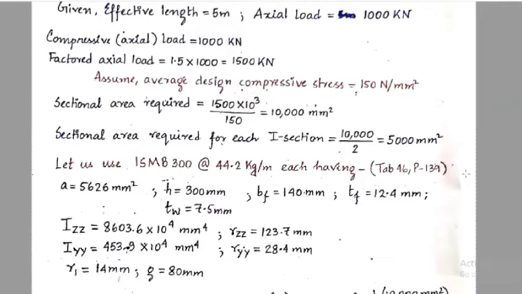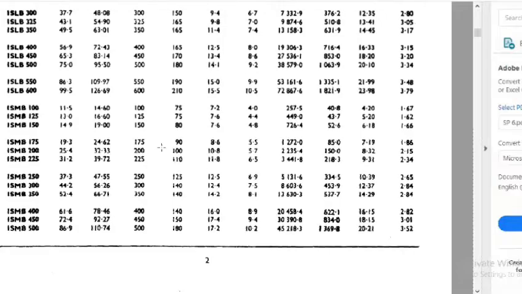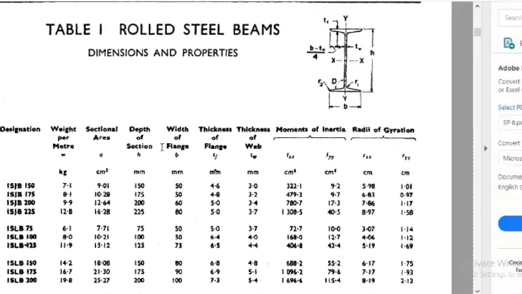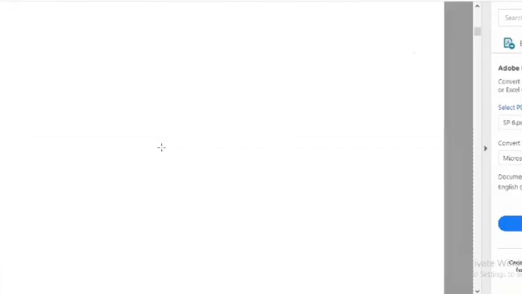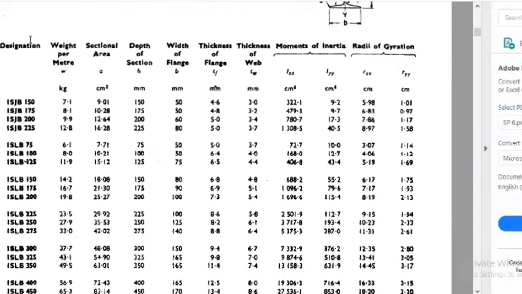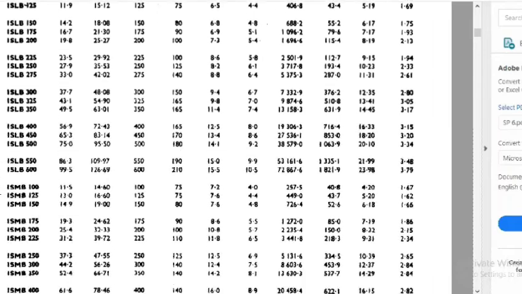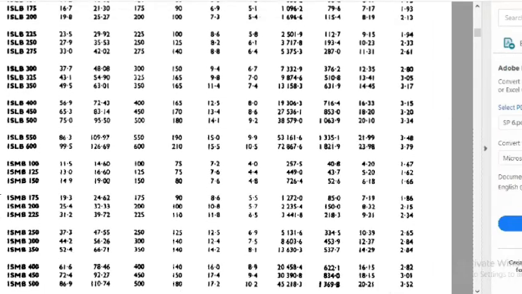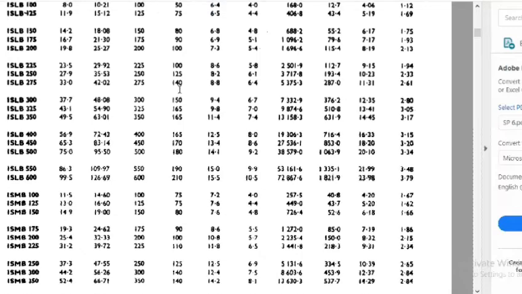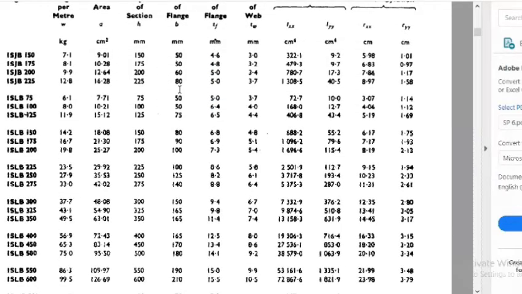Clear? So I will just show you SP6. I'm going to SP6 and this is page number 2. As you can see, all the different rolled I sections, prefabricated rolled sections, are given here, and for each I section, all the properties, that is cross-sectional area, the dimensions, the radius of gyration, moment of inertia, all the values are mentioned.